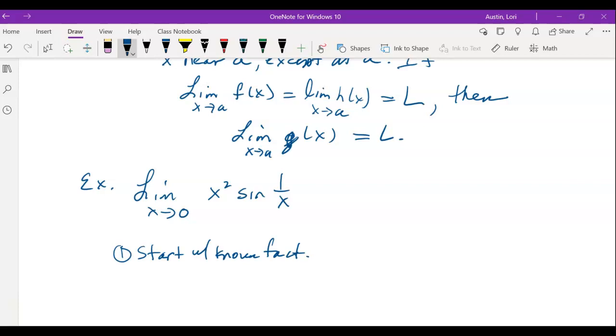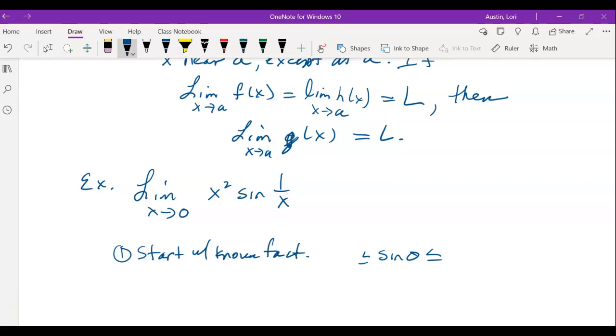Okay. Here's your known fact. Sine of anything, where theta can be anything. All right, sine of anything. I want you to think back to this sine graph. Domain of your sine graph is all real. You can plug anything into a sine function. Doesn't matter. But think about your output.